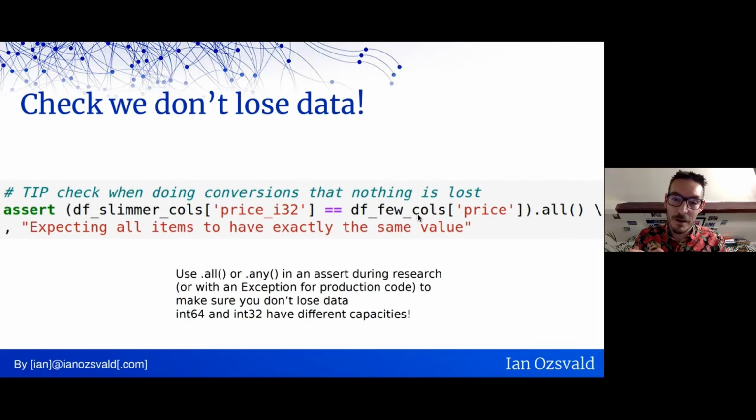Here, if we had a new price that required an 8-byte representation rather than 4-byte, that would give us a rounding error in our data set, which if we didn't have an assertion would propagate into our later analysis. Here I would catch that problem at the point where it occurs, rather than causing me to do an expensive debug operation later on, trying to figure out why the heck I've got some strange results in my data.